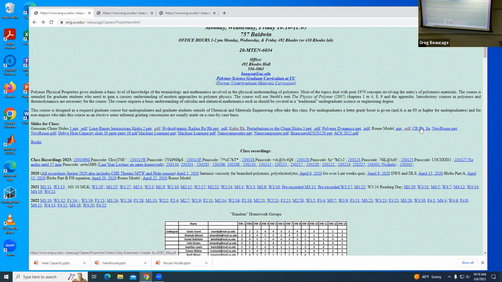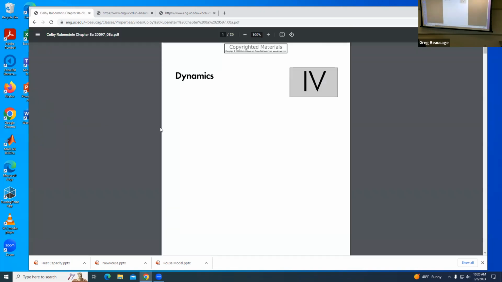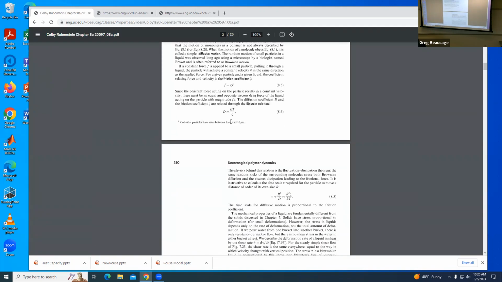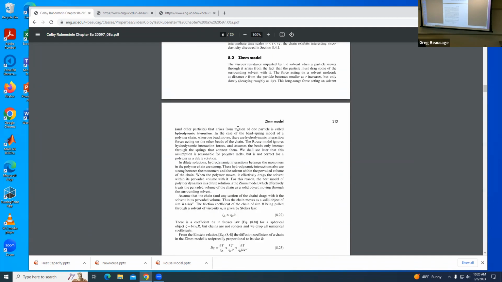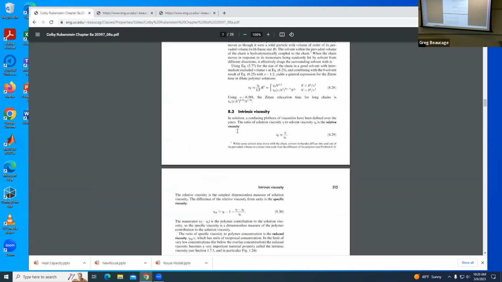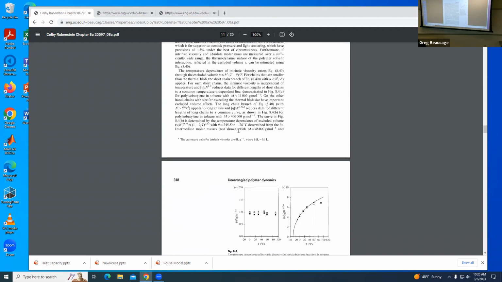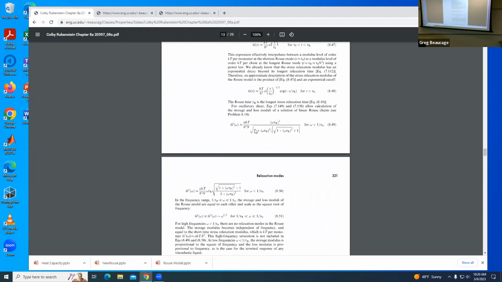Then this thing, the CR chapter 8A is Rubinstein and what's the C part? Anyway, it's that book. So it basically goes through dynamics. So if you can't understand what I say, there's this book. It's pretty easy, I guess.